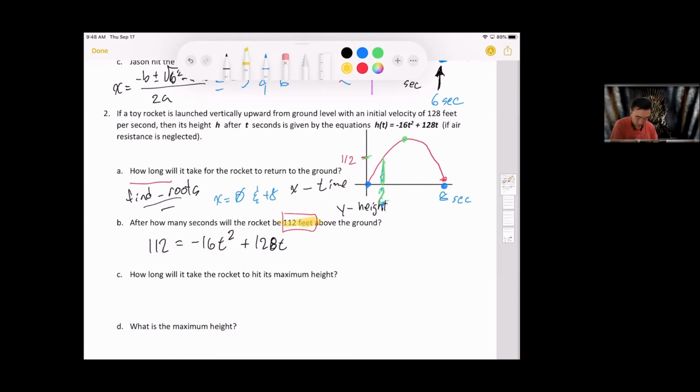Is 112 divided by 16, right? Yeah, 7. So that equals 7 equals negative t squared plus, what is it? 8t.